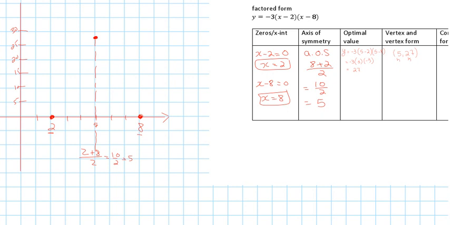Now you see that I have 3 points. I can simply graph this. Does it make sense that it's opening downward? Because a is negative. That means it opens down, right?